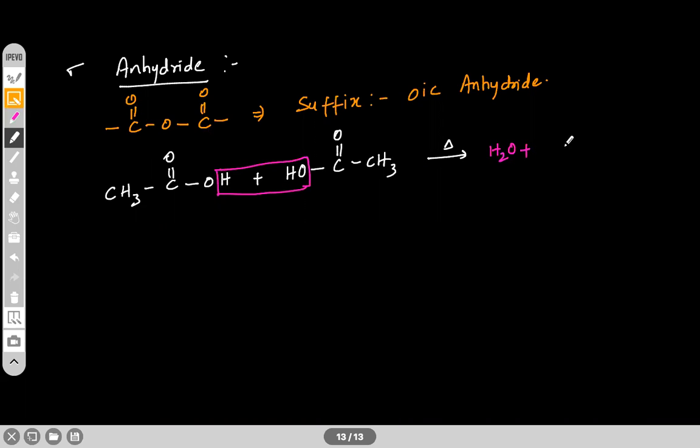So the product here we get is CH3C double bond O, OC double bond O, CH3. No, it's not ester. We'll do that also. Wait. So it is this compound. Now you see in this compound, this bond is there. So we call it anhydride.